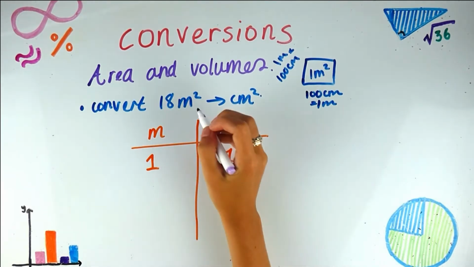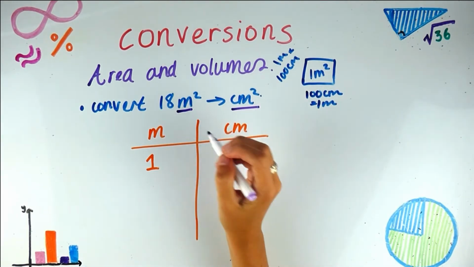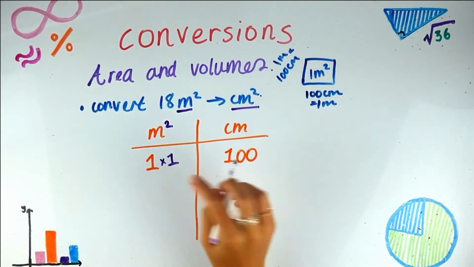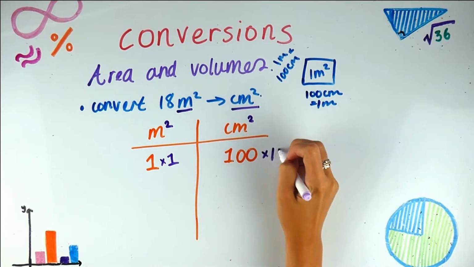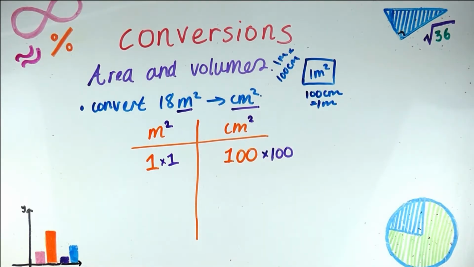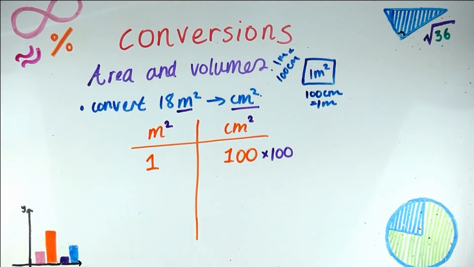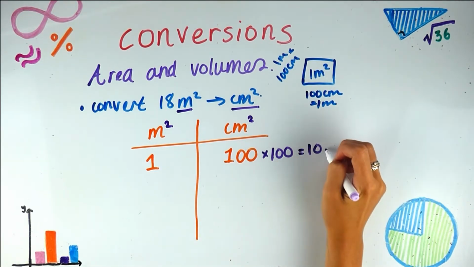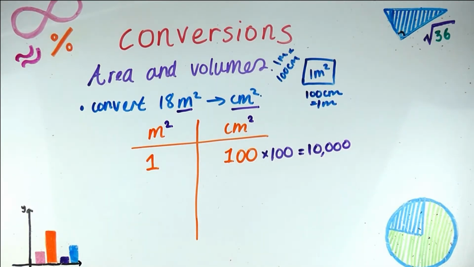But we're not going from metres to centimetres, we're going from metres squared to centimetres squared. So I'm going to put a squared there, and I would square this, 1 times itself. And if I do centimetres squared, I then square this number, so I times it by itself. Now 1 times 1 is always going to be 1, so we don't have to worry about that. But this is then going to be 100 multiplied by 100, which is 1 with 4 zeros.